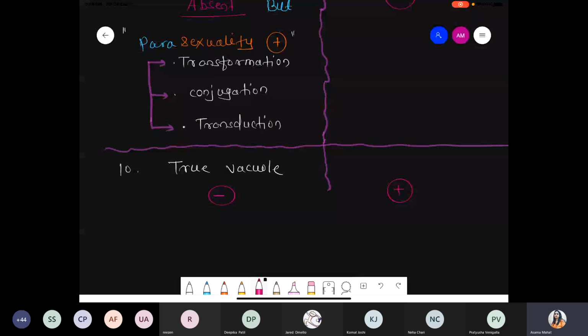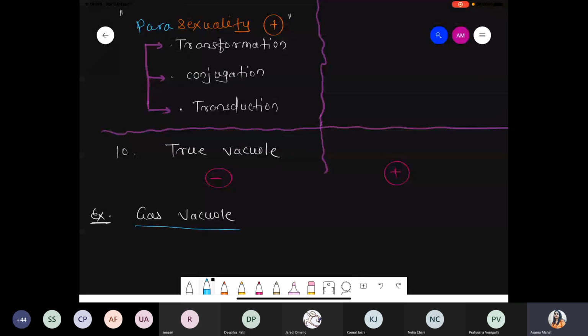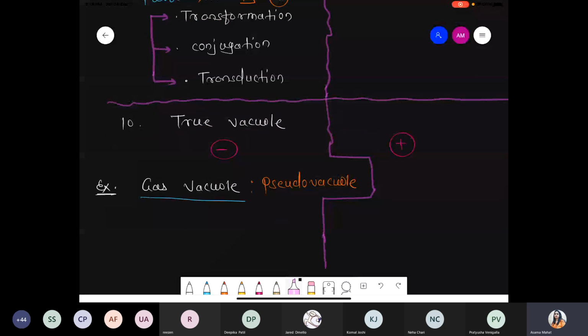But we are talking about the presence of gas vacuole in bacteria. Please remember, such a gas vacuole is not a true vacuole, it is an example of pseudo vacuole, that is false vacuole. True means what? Those responsible for osmoregulation, excretion, etc. Such vacuoles are present in the eukaryotic system. But in bacteria, gas vacuole is present, and it is a pseudo vacuole, false vacuole, right?